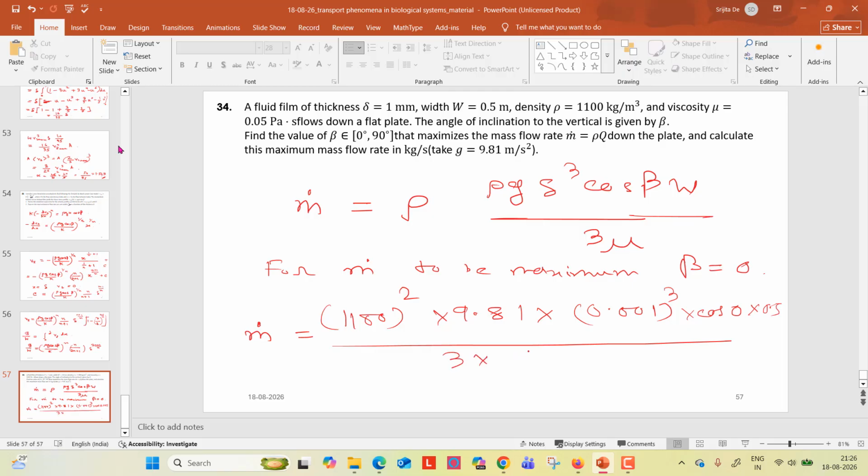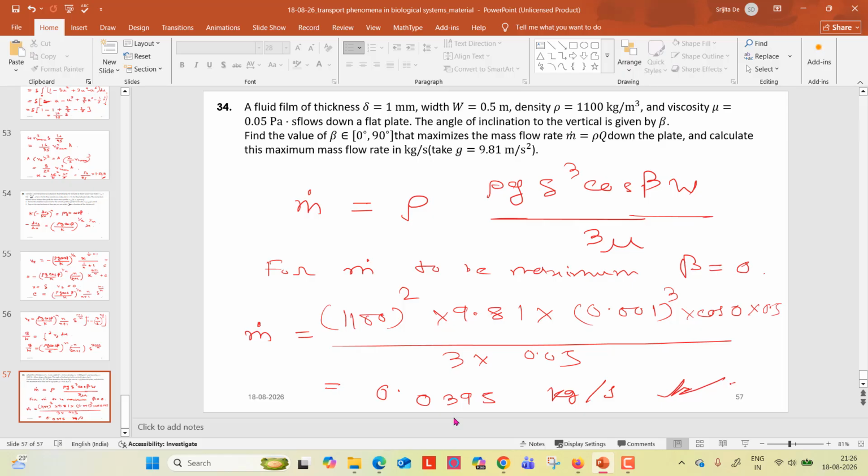It is coming as 0.0395 kg per second. So this is your answer.